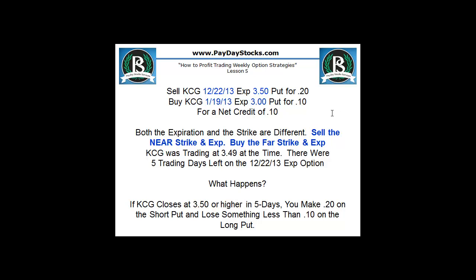But that doesn't change what we're able to do, because we're already considering that we're going to take the entire loss on that by the end of expiration, because we don't have to get rid of it, right? We don't have to exit it. There's no reason for us to exit it. So even if KCG skyrockets the first week and the long put becomes worthless, we can just hold on to it. And if it comes back, great. If it doesn't, we still made money on that.